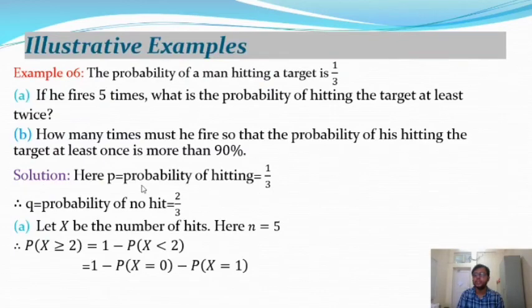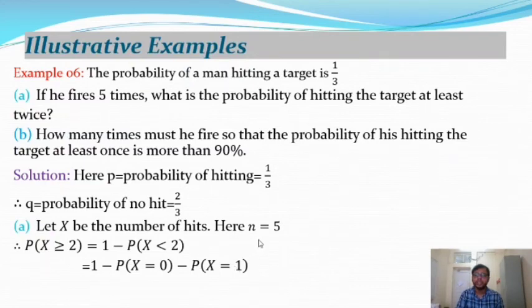So here P is equal to the probability of hitting, and this is equal to 1/3 according to the question. And you know Q is equal to the probability of no hit, that means 1 minus 1/3, that is 2 by 3. In the first problem, if he fires 5 times, we are going to find the probability of hitting the target at least twice.